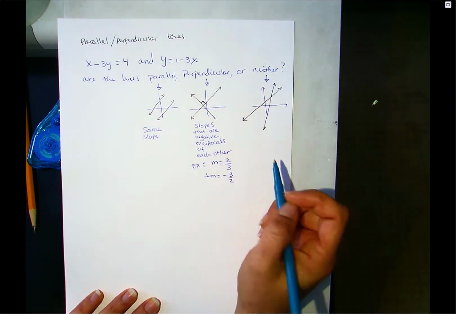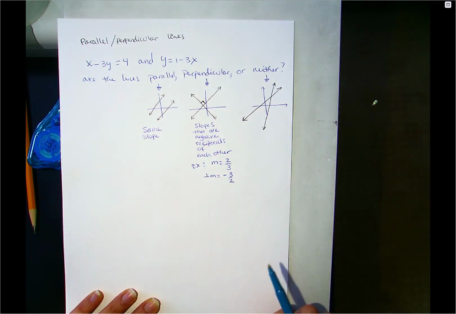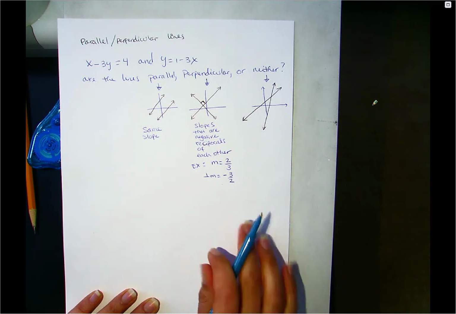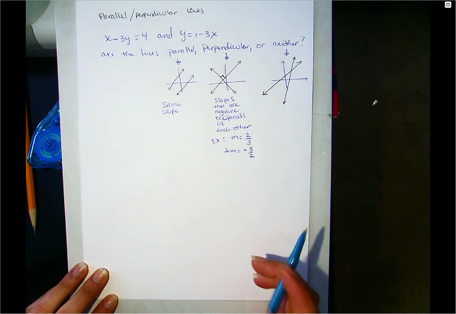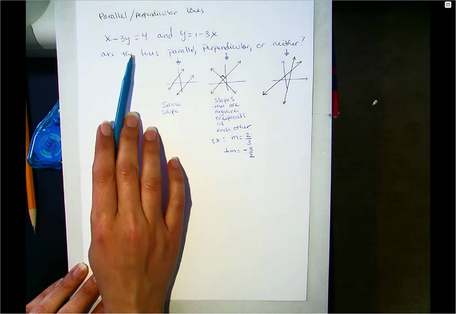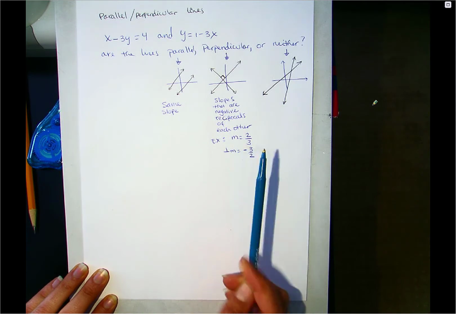And then neither, the slopes are not the same and they're not negative reciprocals of one another. So that's a neither. So back to this example. So essentially we want to see, are the slopes the same or the negative reciprocals of one another.